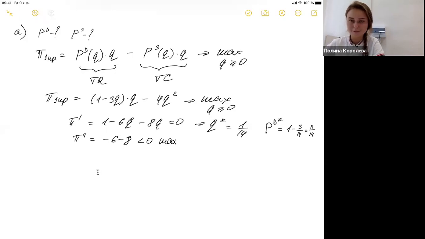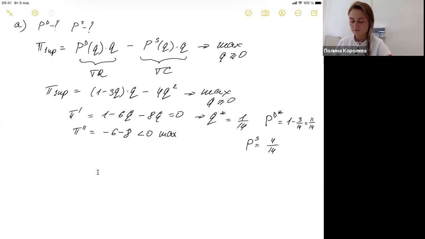Our supermarket wants to pay the lowest price for which farmers are ready to sell their product. So it is the definition of the inverse supply function. So put this quantity into the inverse supply function. So this will be 4/14. Yes. Okay, this was the first point.